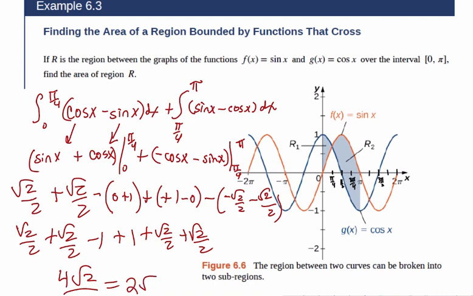So we have 2 square root of 2 is the area between the curves from 0 to pi. So that's that one. So that's kind of a neat one. So there's example 6.3.